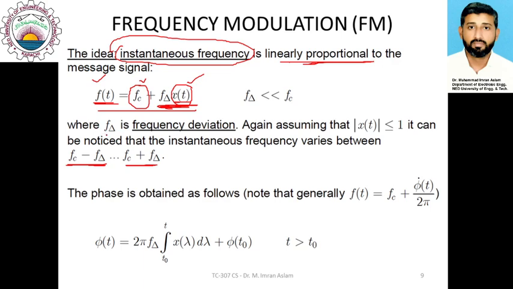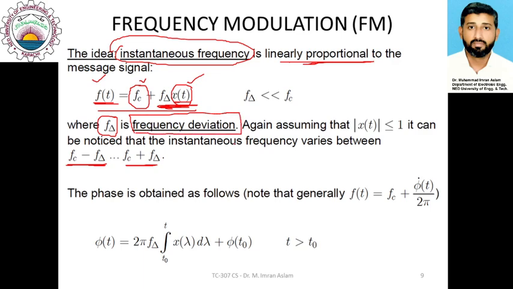And you can see that this f delta represents the maximum amount of deviation that can be obtained by using this frequency modulation. So this f delta is named the frequency deviation.